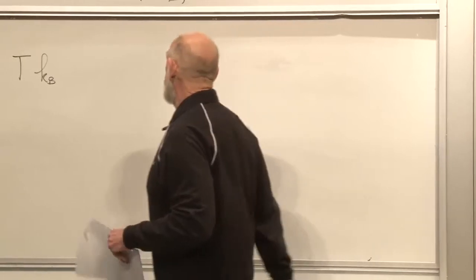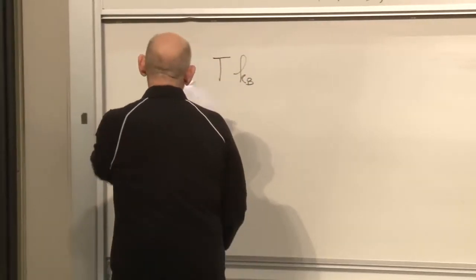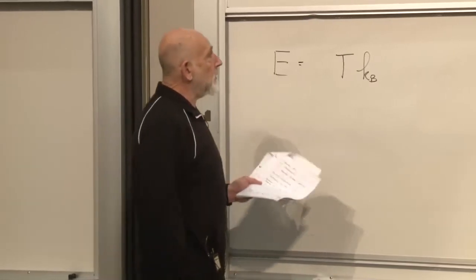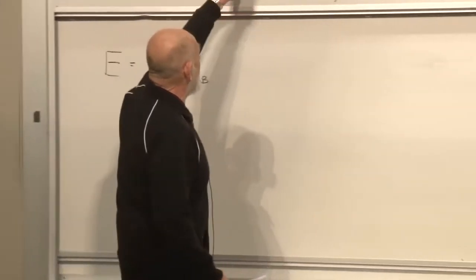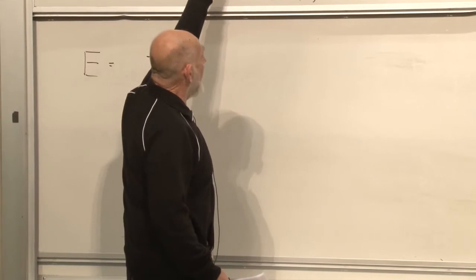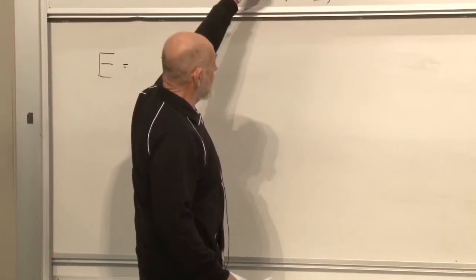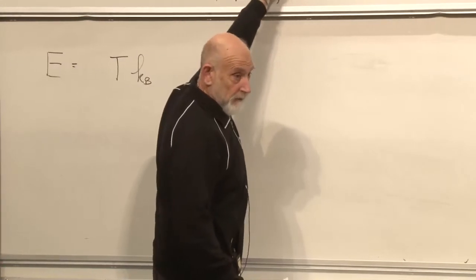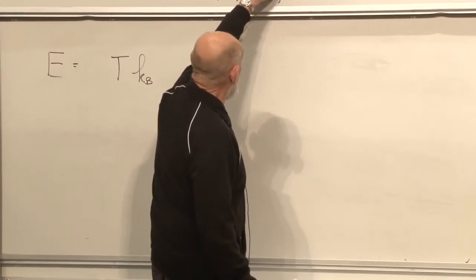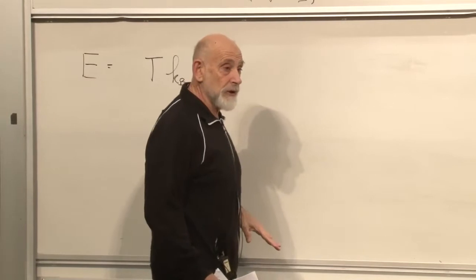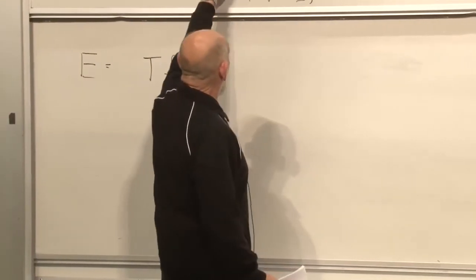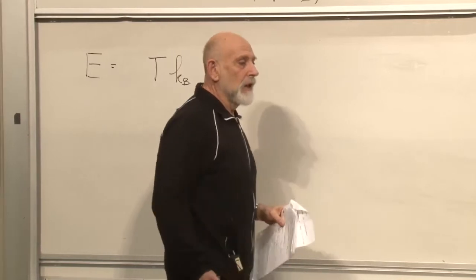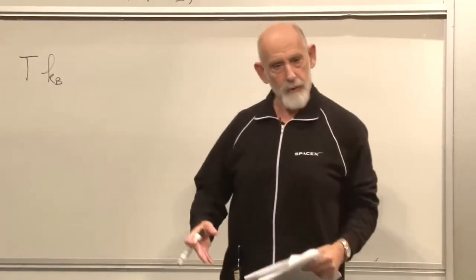So apart from this k Boltzmann, temperature has units of energy. And so we can ask, what kind of dependence can I have, which has certain units, on temperature and frequency? Frequency has units of 1 over time, temperature has units of energy, and I has to have units of energy times time over volume. It'll take you a few minutes, just work it out.